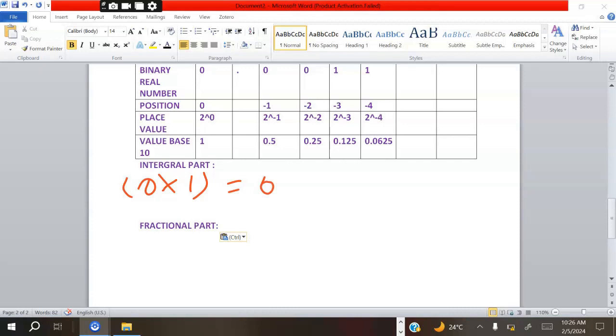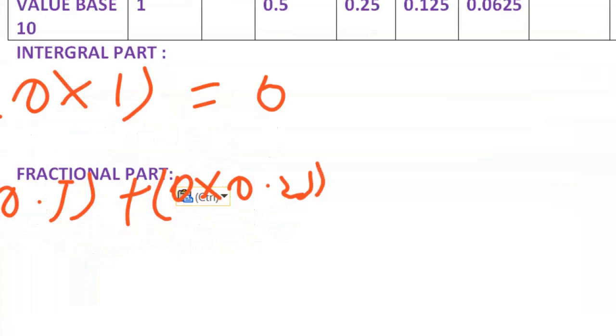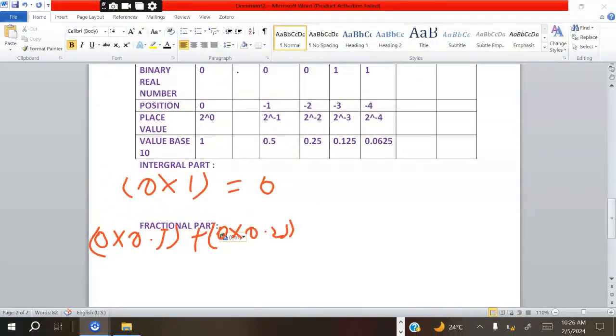Okay, let's move now to the fractional part, that is 0 multiplying by 0.5 plus 0 multiplying by 0.25 plus 1 multiplying by 0.125, then plus 1 multiplying by 0.0625.